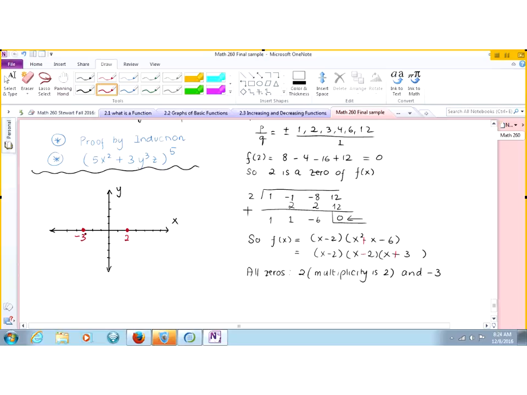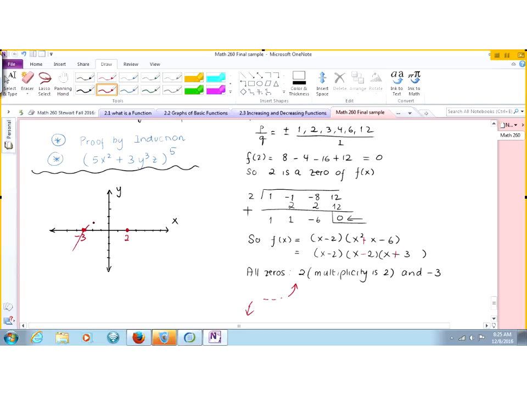So, what about the end behavior? Does it start up or start down? Start low. So it's going to look like this. The end behavior: it starts low and ends high. So we know it's going to cross here, right?